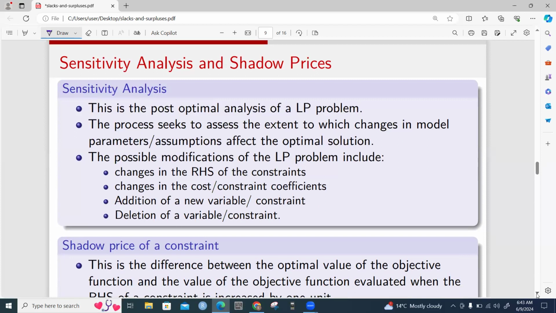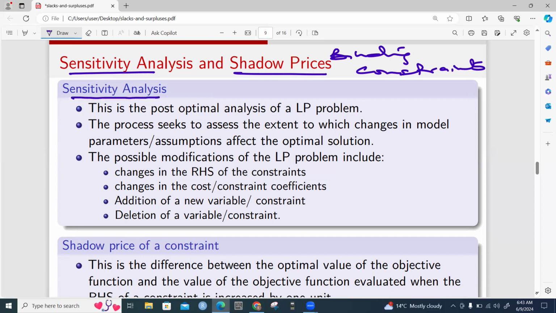Now we look at the concept of sensitivity analysis, which will drive us into computing shadow prices associated with constraints. We only calculate shadow prices for binding constraints. But before we mention what shadow price is, we define sensitivity analysis.